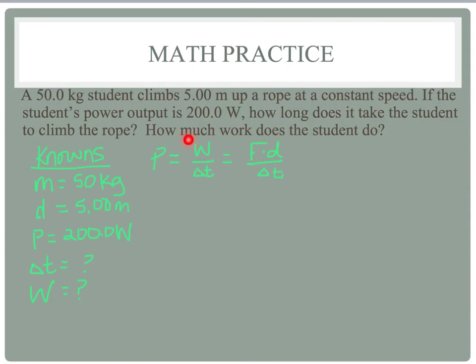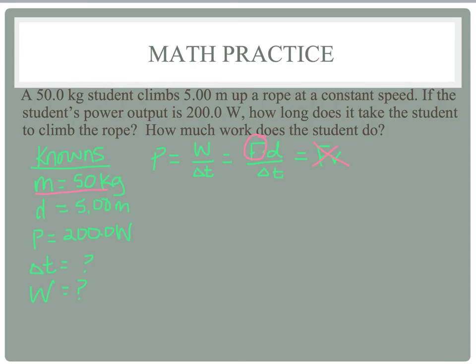So we have the equation, okay, and I wrote it out like this because it shows all the different forms at once, except I could add equals FV. But if we look at this, okay, we don't have velocity in here, and we don't know time, so there's no way that we're going to use the FV form this time. Okay, and in fact, again, we've got force here, right?